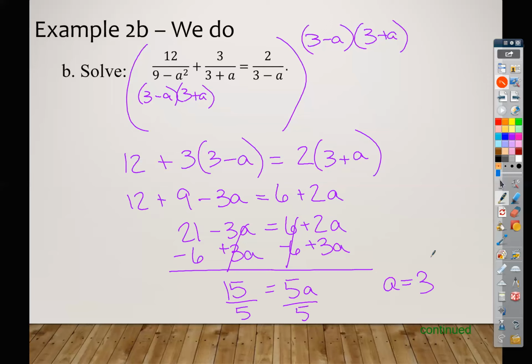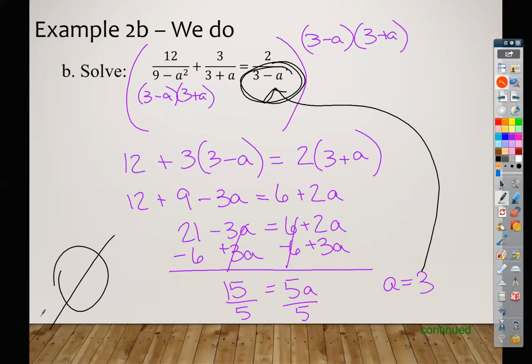However, if you look back at the original problem right here, if I have an answer as 3 and I plug it in there, that denominator is going to be undefined. It's going to be 0 and it's going to be undefined. So this problem has no solution. You can't say a equals 3 is an answer because it's an extraneous solution.